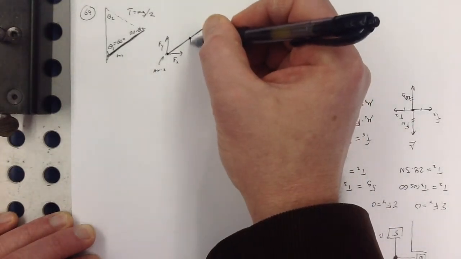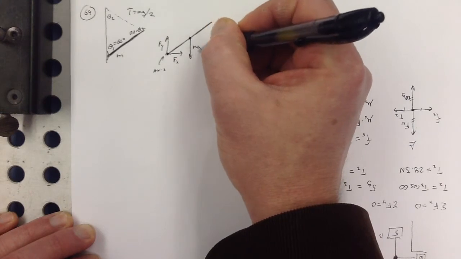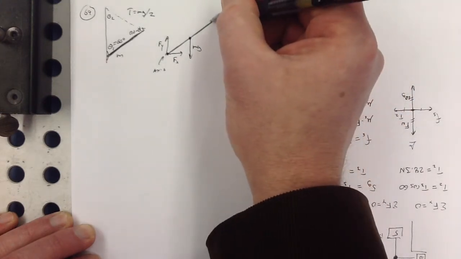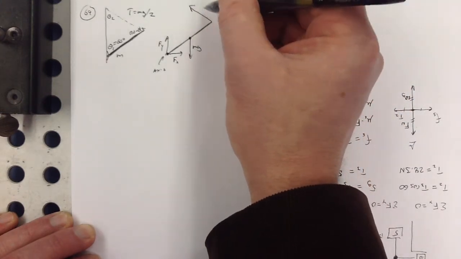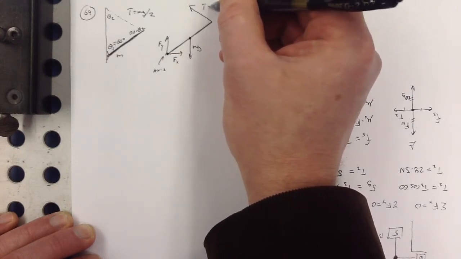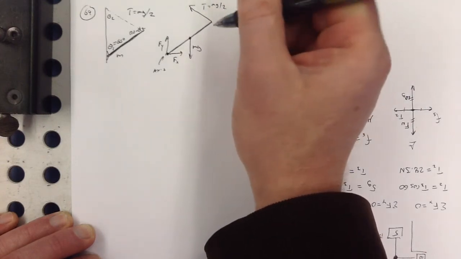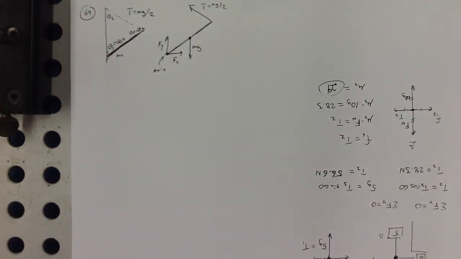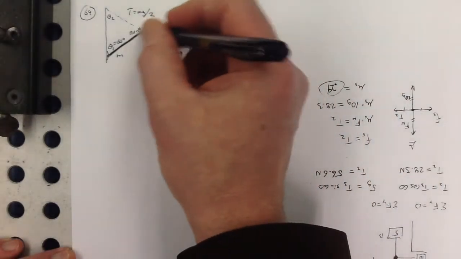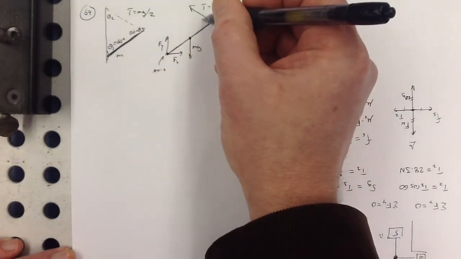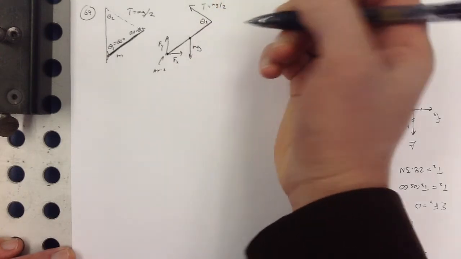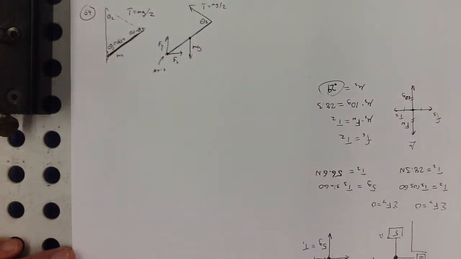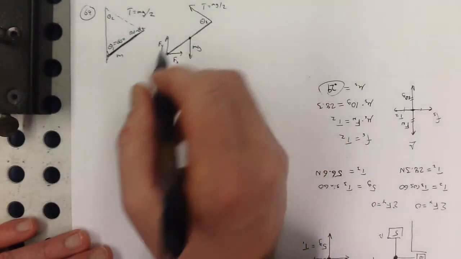Here is the gravitational force, mg, acting at the center of mass, and here, acting at some angle that I don't know, is the tension force, but I do know that it's equal to mg over 2. And this angle here, maybe I don't have to do that substitution. I could just say this is theta 3. That's the angle I'm going to be able to work with though, right? Okay, so let's see.